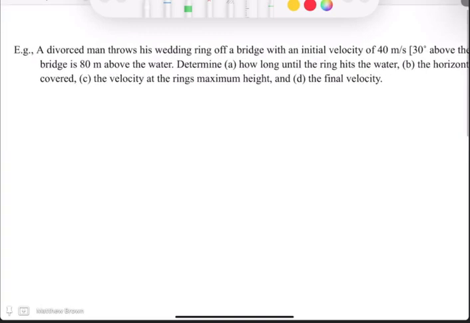So I think you can kind of picture this. You could diagram it out if you wanted to. You could say, well, let's just look at where it starts.